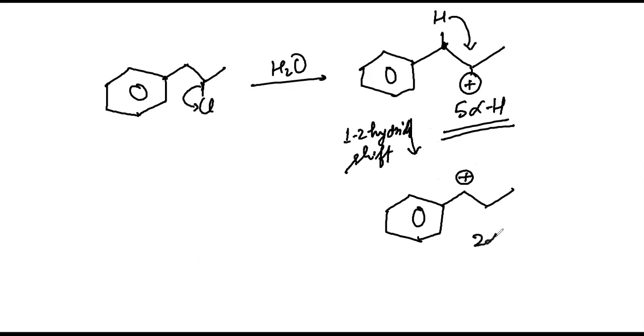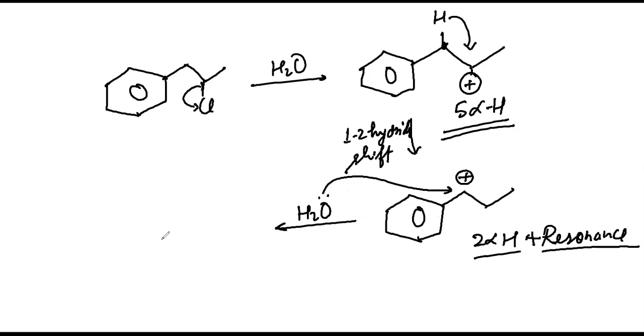Now, alpha hydrogens are only 2. So have we become more stable or less stable? More stable, because we have got one more thing: resonance from the benzene ring, isn't it? So now what will happen in the next step? Water will attack.